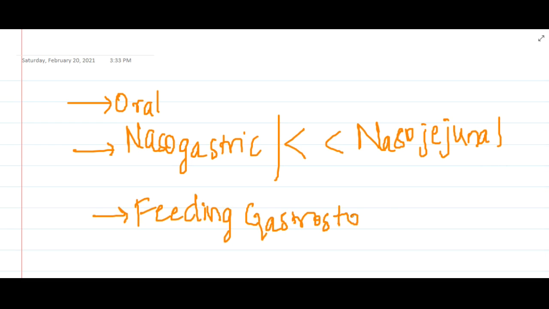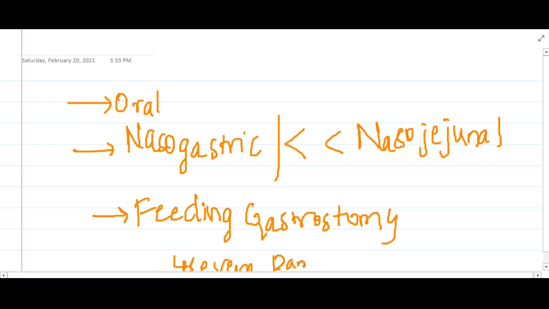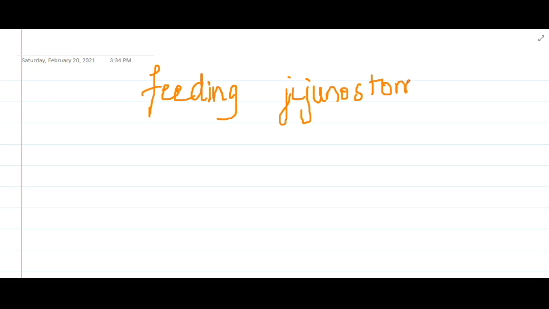This feeding gastrostomy is done in severe pancreatitis, or if there is any gastric outlet obstruction. And feeding jejunostomy is also seen. Okay, so these are the routes of enteral nutrition.